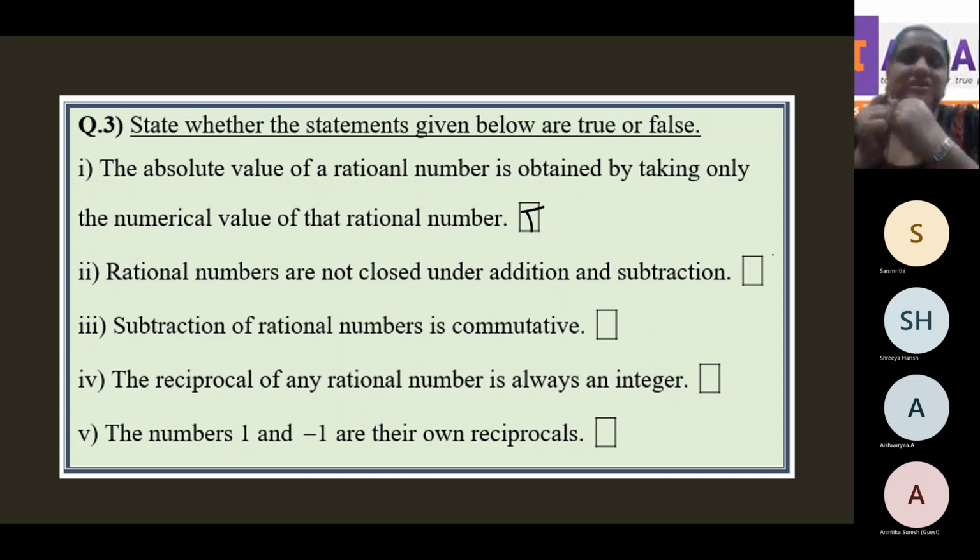So how do we understand the statement? The sum of two rational numbers is always rational. The difference of two rationals is always rational. It's true, meaning rational numbers are closed under addition and subtraction. But here it's given rational numbers are not closed. They are closed. If you're getting confused, take an example. Closed means when you take two rational numbers and find their sum, the answer is also rational.